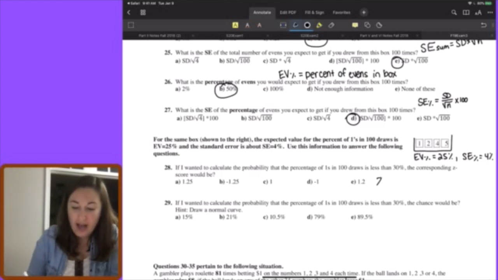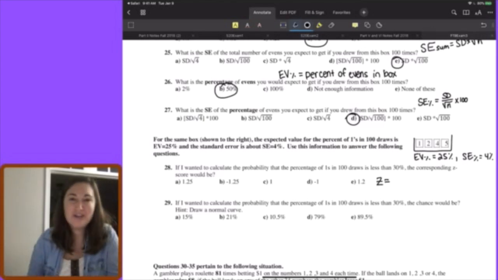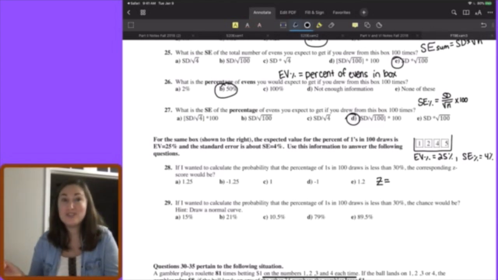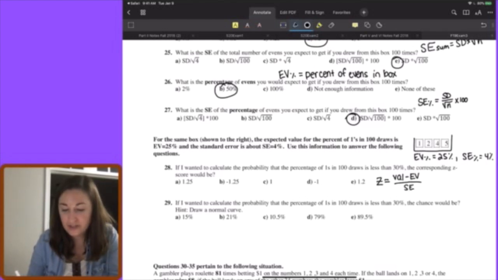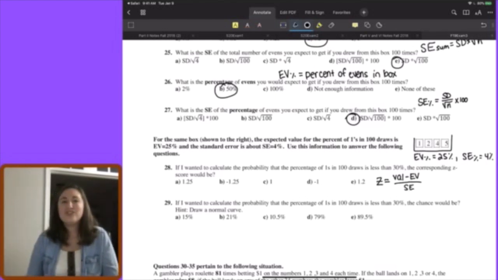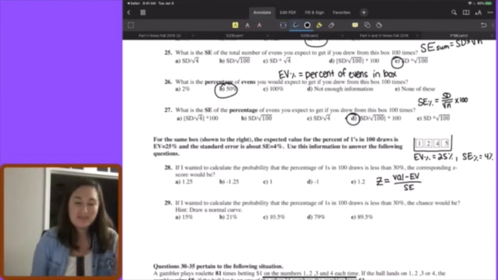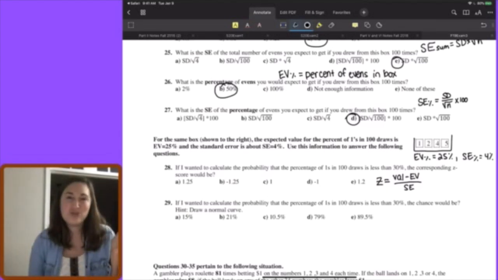So here, I'm going to use my new z-score formula for random variables. Our old z-score formula was value minus average divided by SD. The new z-score formula is value minus expected value divided by standard error. The difference is that our other z-score formula is just for a list of numbers.